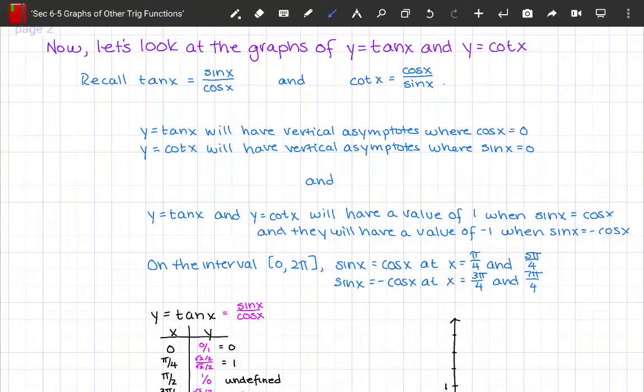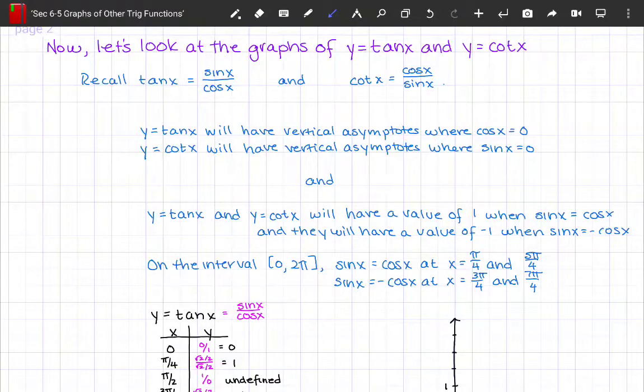First of all, vertical asymptotes. Tangent will have vertical asymptotes anywhere where the denominator is 0, so anywhere where cosine is 0. Cotangent will have vertical asymptotes anywhere that sine, the denominator here, is 0. So cotangent has vertical asymptotes when sine is 0.